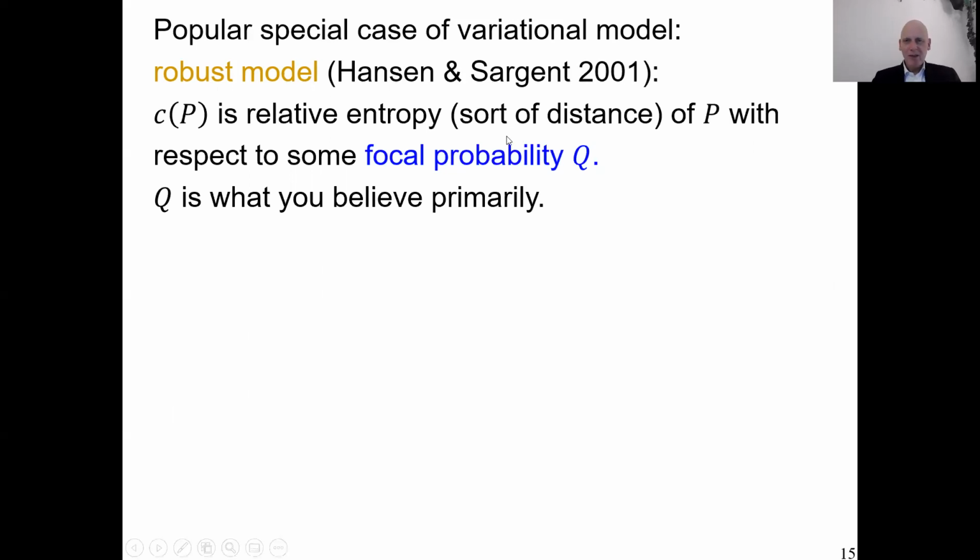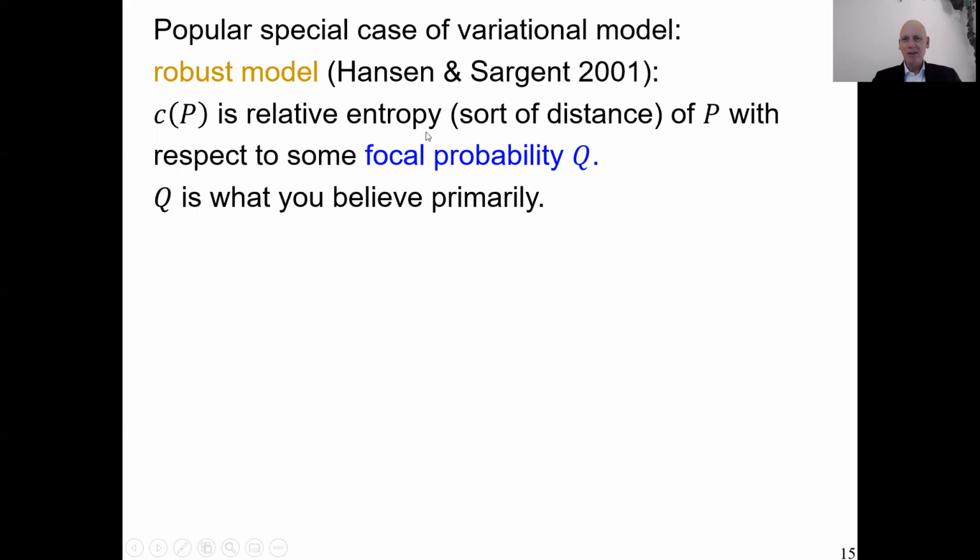And for the other probability measures, you don't want to rule them completely out, but you give them handicaps relative to Q. Maybe the c value at Q is 0, so in that sense it doesn't have a handicap. And then for the other probability measures, the farther they are remote from Q, the bigger the handicap. So you take a distance of a probability measure to Q, and that is the handicap c(p) that you give to it. And the distance that you take is the relative entropy.